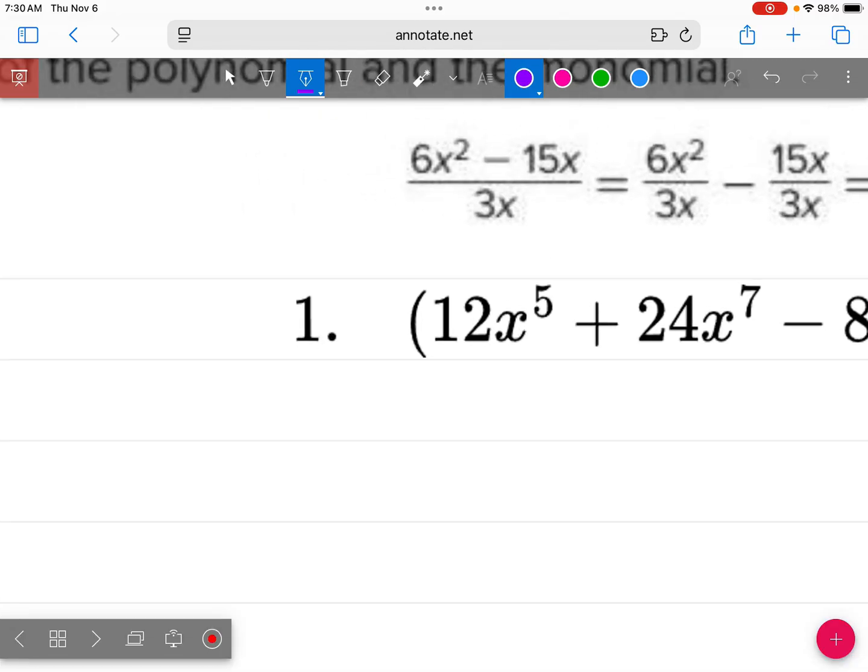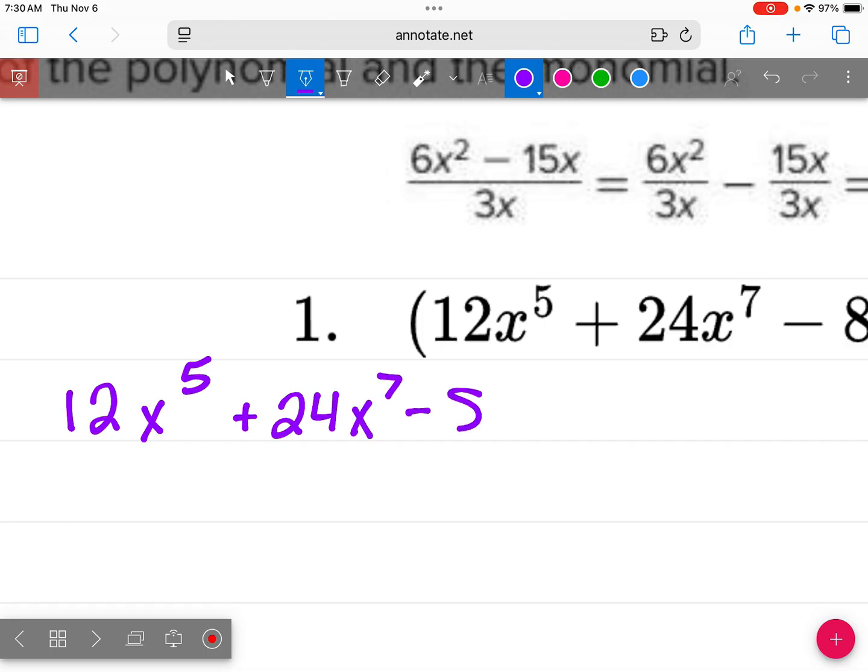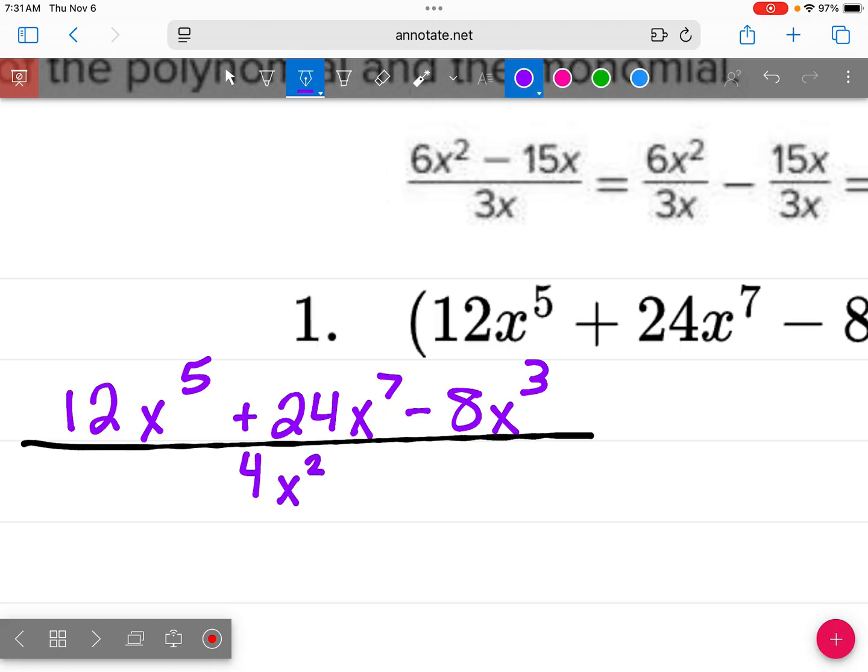I'm going to put 12x to the 5th plus 24x to the 7th minus 8x cubed on top, and we want to divide by 4x squared. That's how we're going to set up our division when we have just one term we're dividing by.